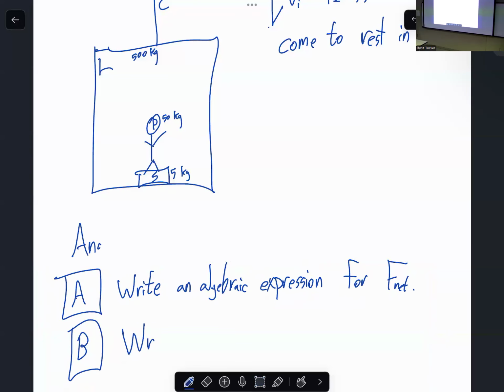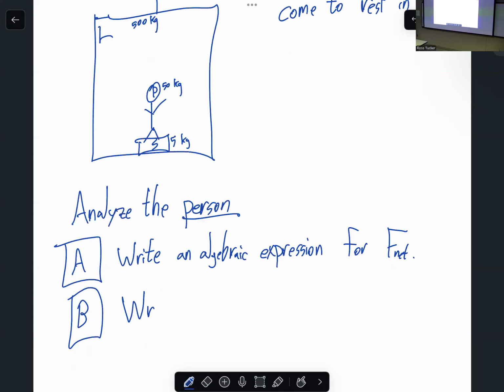Analyzing the person. Not write, but solve for, evaluate, find the acceleration.